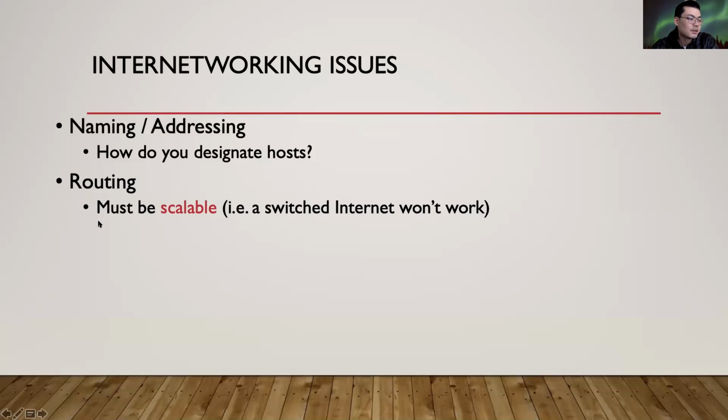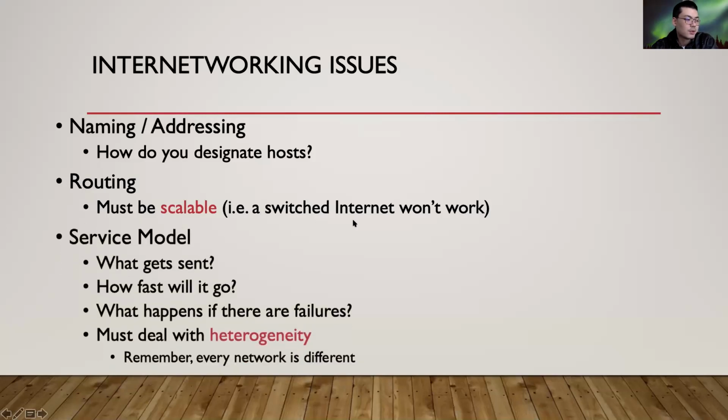So the router is the same. How can we make it scalable? Otherwise the internet won't work. So we will see that the IP address is designed to be scalable. There's a prefix, grouped by prefix, basically. And there's also what service model is adopted: what gets sent and how fast it will go, and what happens if there are failures.